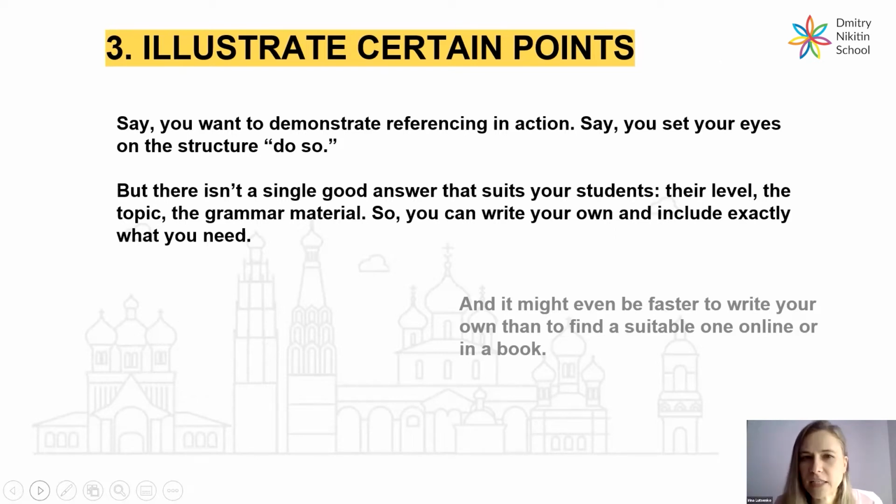So sometimes when you want to illustrate a specific thing, because students have trouble with it, you just can't find something in a course book or on the internet. And you look and you look and you look, the topic is wrong, the grammar is wrong, the material is wrong, the level is wrong, everything is wrong. So you can write your own thing to include exactly what your students need. And it might even be much, much faster. You might spend 3 hours on looking and only 1 hour on writing.